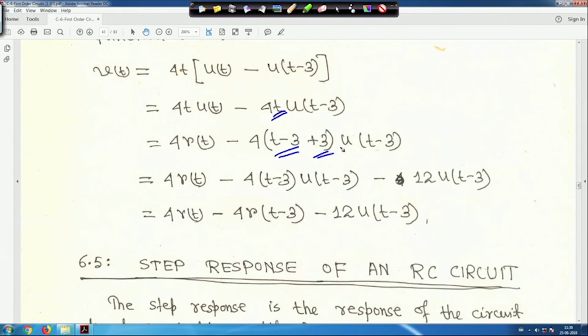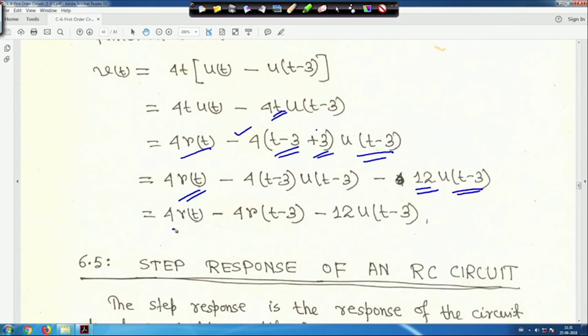So it is 4r(t) as it is, minus 4(t minus 3) u(t minus 3), and minus plus minus, so minus 12 u(t minus 3).